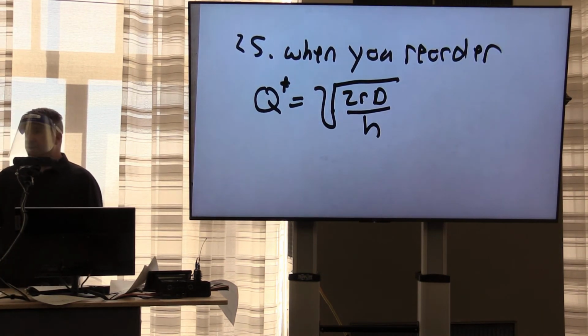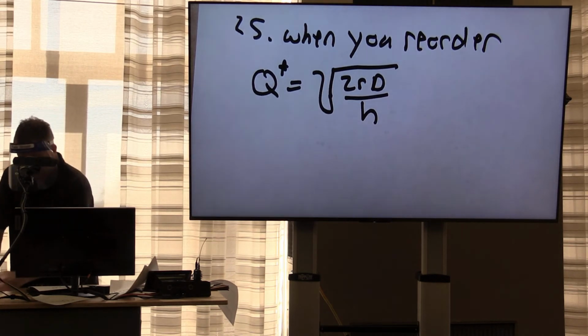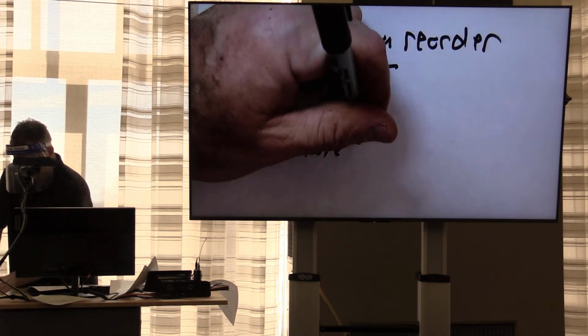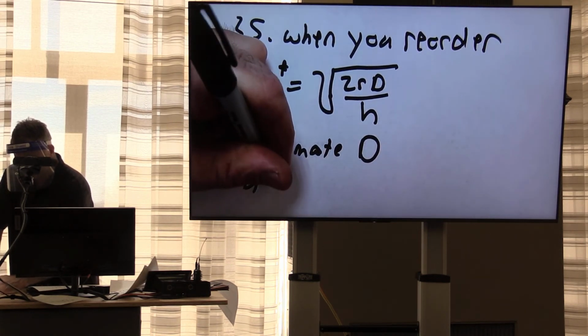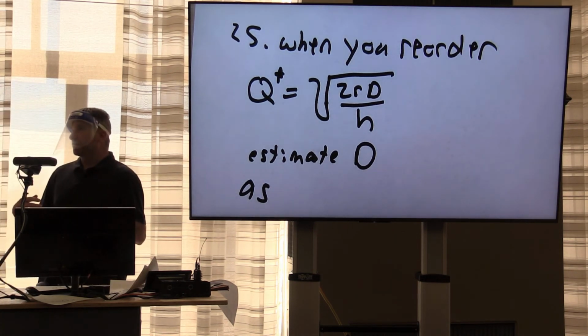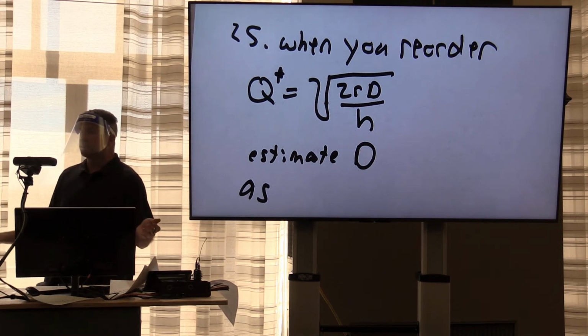But the thing is, I haven't given you what big D is, right? We said D was stochastic. And so we need a good proxy for it, a good estimate for it. And remember, big D is total needs over a whole year, 365.25 days. We just need a rough number for what that might be.